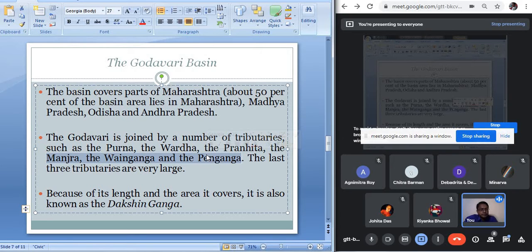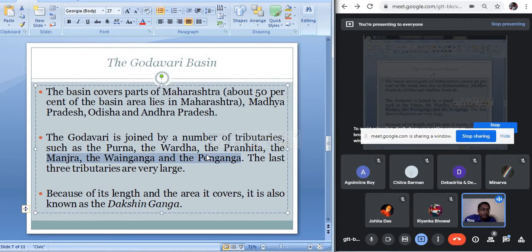And the most important thing you should know about the river Godavari is that it is also known as Dakshin Ganga, or the Ganga of the South. Do you know why it is known as Dakshin Ganga? Because of its length and its drainage basin.